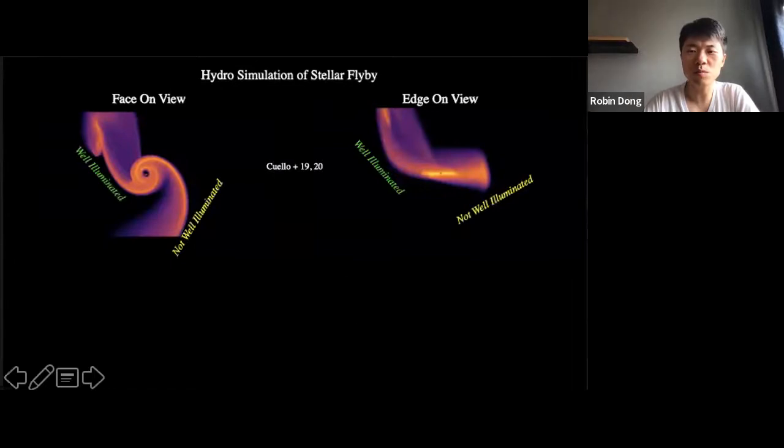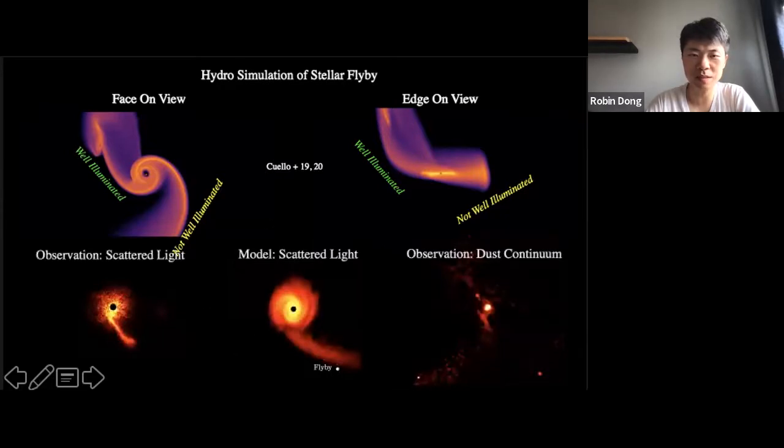And this difference will cause a big effect in observations. This spiral pointing to the intruder is illuminated by the central star much better than the other arm, which is in the disk plane. So indeed, if we produce synthetic observations of the simulation, as in the middle bottom panel, we'll see only one spiral will be visible as it is pointing to the flyby.